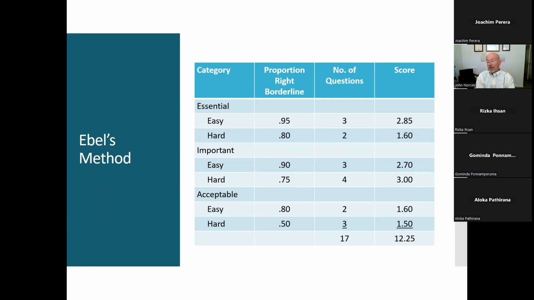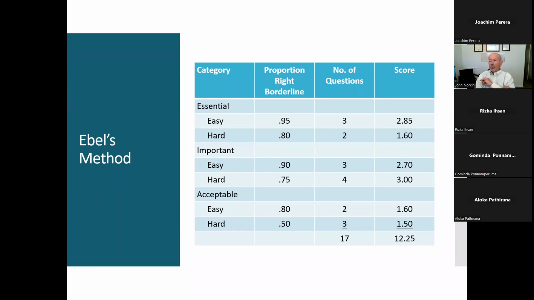They also, within each category, decided that it was important to think about whether the items were easy or hard. That also would influence their judgment. So what they did is they categorized as a first step in the process all the items in the test into these categories. They then went to a particular category, like essential and easy, and they asked the Angoff questions.